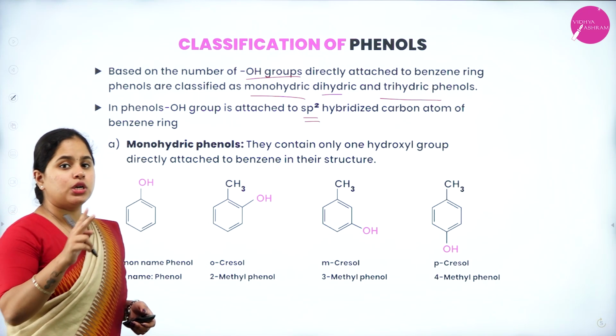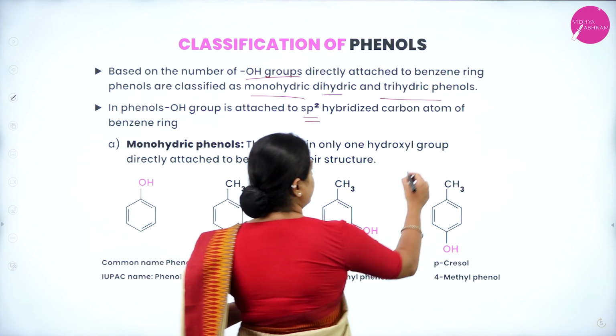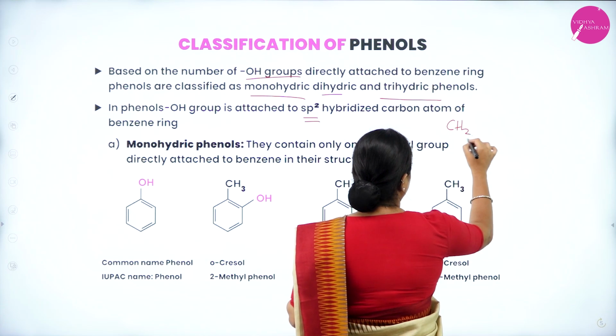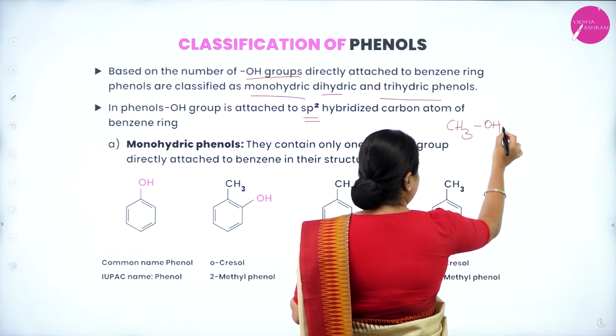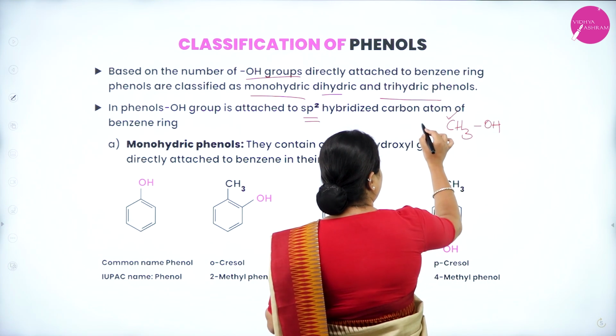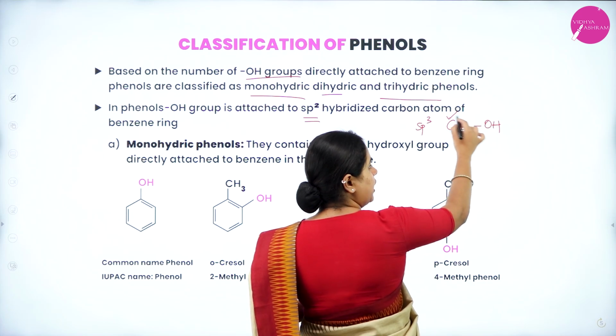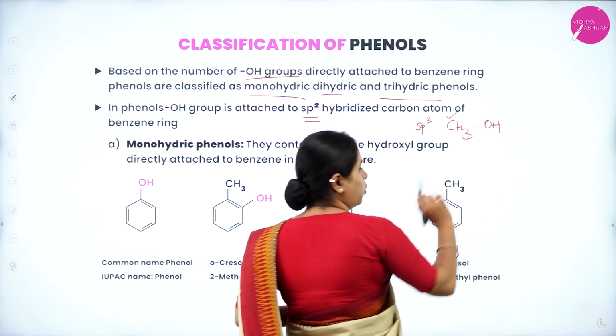Now in phenols, the hydroxyl group is attached to the sp2 hybridized carbon atom of the benzene ring. So that is also a difference between alcohols and phenols. In alcohols, for example, let us take methanol, CH3OH. The hydroxyl group is attached to this carbon atom. This carbon atom is sp3 hybridized, as you can see, it is further attached to 3 hydrogen atoms as well as this OH group.